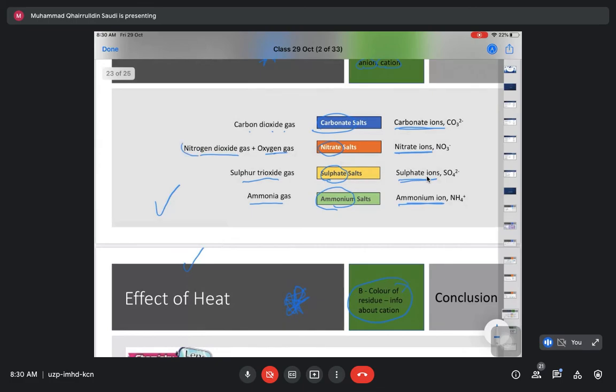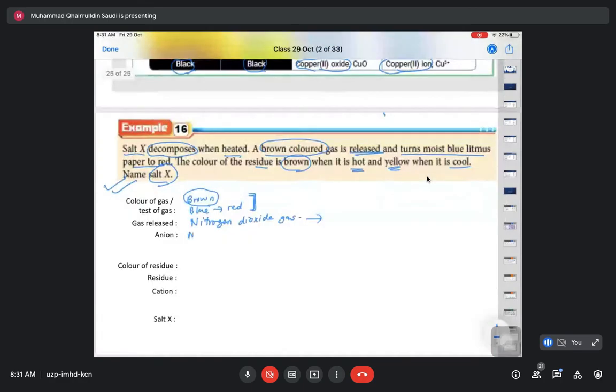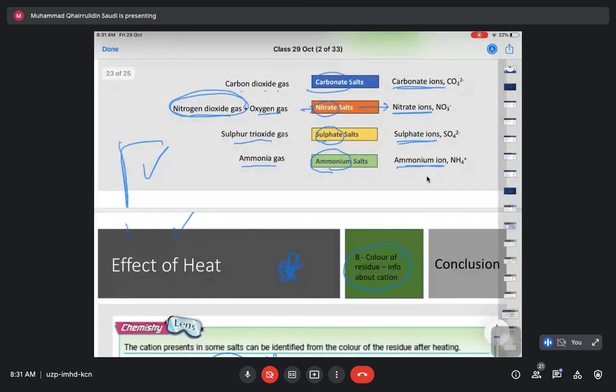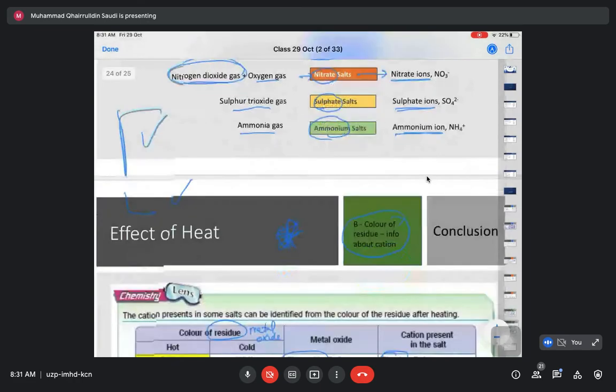Bila nitrogen dioxide gas yang produce, apa salt kita? Nitrate salt. Apa anion dalam nitrate salt? Nitrate ion. So, anion kita adalah nitrate ion, NO3. Boleh? Sebab tu saya kata these two slide is penting. Buat nota nanti mesti ada dua slide ni.